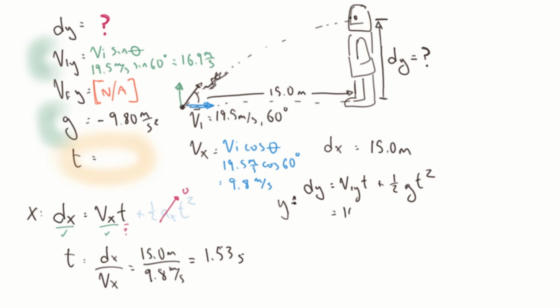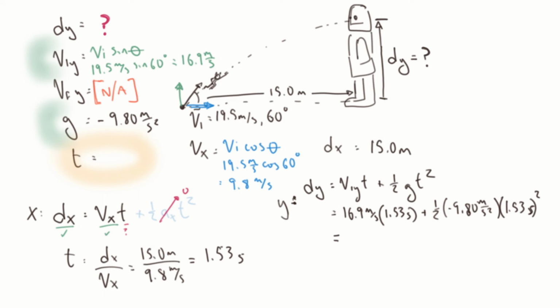So we have 16.9 meters per second times 1.53 seconds plus 1/2 negative 9.80 meters per second squared times 1.53 seconds squared. Do not forget to square the time. That is an extraordinarily common mistake in introductory physics.